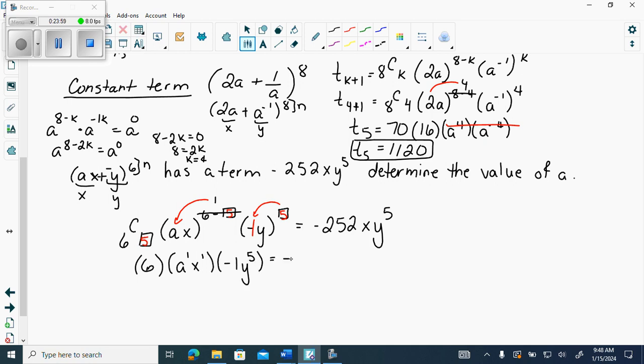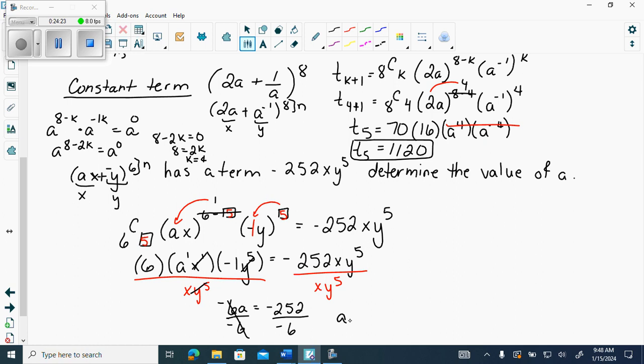Normally this would be an even number, and then even times a negative would make it positive, so you have to watch yourself, right? And then we get negative 252 xy to the 5, divide by xy to the 5, and I get negative 6a equals negative 252, divide by negative 6, and a equals what? 42. 42. Okay, I'm going to give you the last 2 minutes to go through your tests.